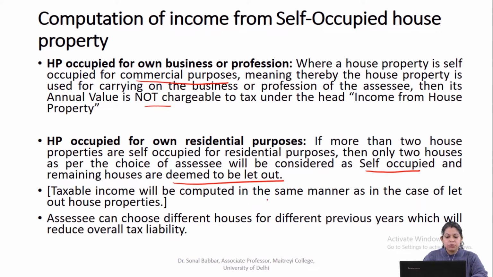Taxable income will be computed in the same manner as in the case of let-out house properties for the deemed to be let-out properties. And the assessee can choose different houses for different previous years, which will reduce his overall tax liability.